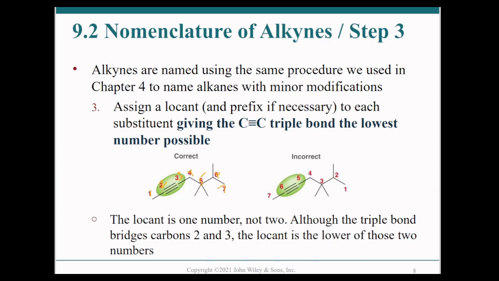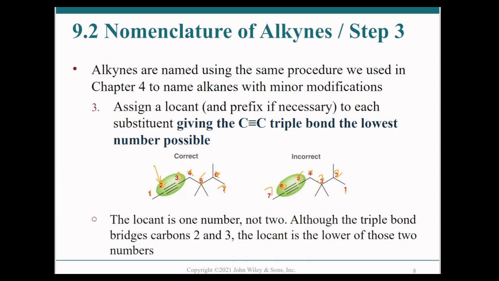But on the right, if we numbered from right to left, our longest chain, 1, 2, 3, 4, 5, 6, 7, then our alkyne would get number 5. So remember, the alkyne gets the carbon number where we encounter it first. Okay, so we don't say 5 comma 6, or we don't say 2 comma 3 for the alkyne. We just give it the number of the first carbon where it's encountered in the molecule.